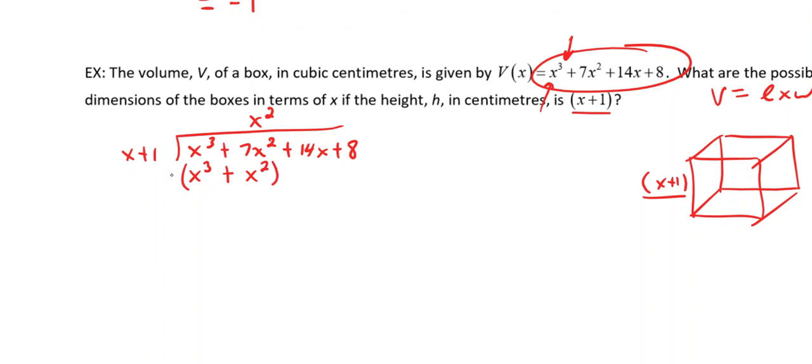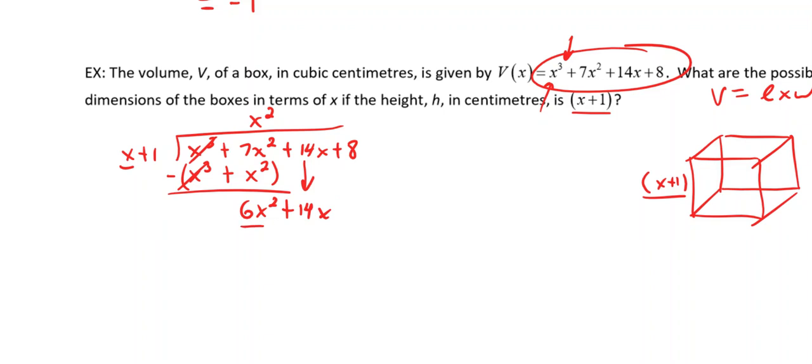Don't forget to subtract them. So those cancel. So we end up with 7x squared minus x squared, so 6x squared. Bring down the 14, so plus 14x. And then we're really asking ourselves, how many times does x go into 6x squared?